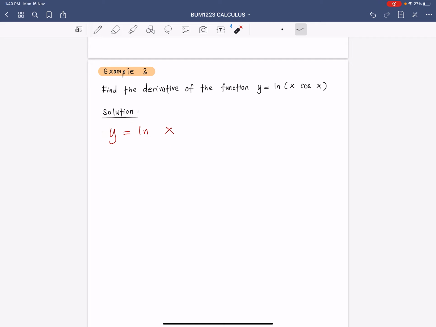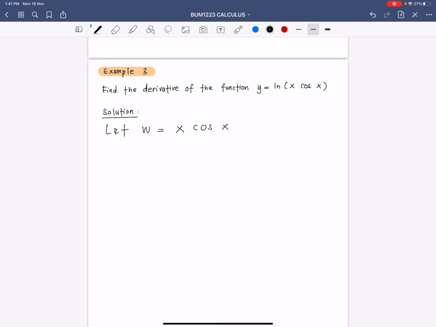Okay, so we let, I'll erase this first. Sorry. So we let u, or maybe I'll use w, equal x cos x. Okay. Then we know that we need to find dy dx, and in order to find dy dx we need to use the chain rule in this case.